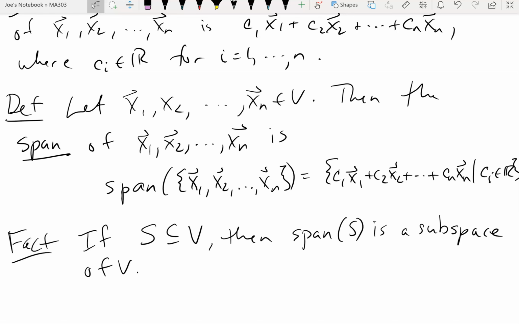So if I take a linear combination of x1 to xn and add it to another linear combination of x1 to xn, I get another linear combination of x1 to xn.